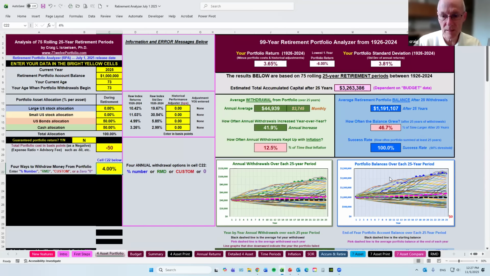But you'll notice the success rate is always 100%. In other words, when you withdraw a percentage of a portfolio's value in any given year, that withdrawal takes into account what happened to that portfolio in the prior year. So some years, using a percentage withdrawal, your withdrawal will actually go down because the portfolio had a negative return, like in 2008, 2022, 2001, 2002.